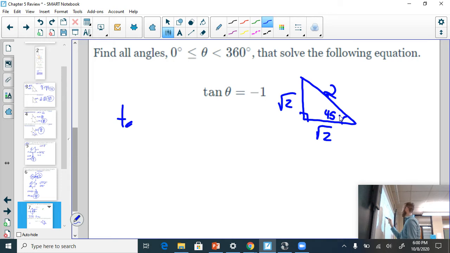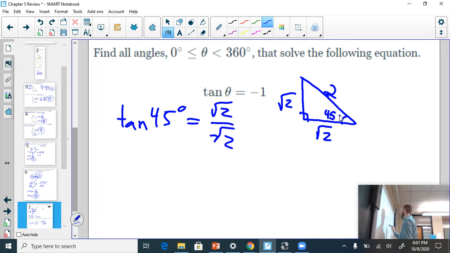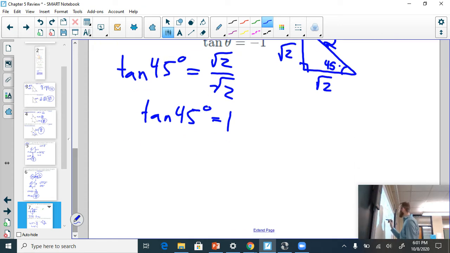So tangent of 45 degrees is opposite over adjacent, which is square root 2 over the square root 2. So isn't tangent of 45 degrees equal to 1? So, or sorry, 45 degrees is our reference angle.